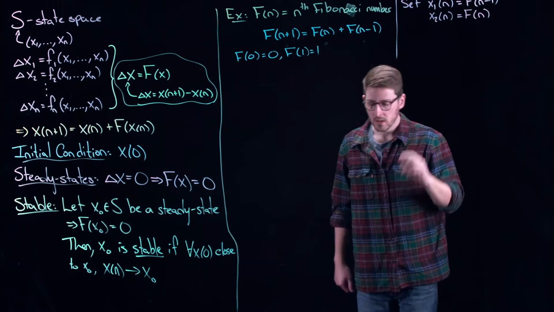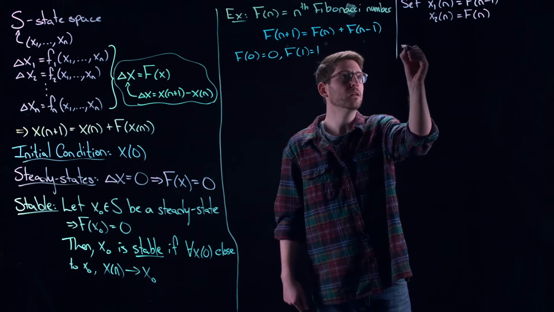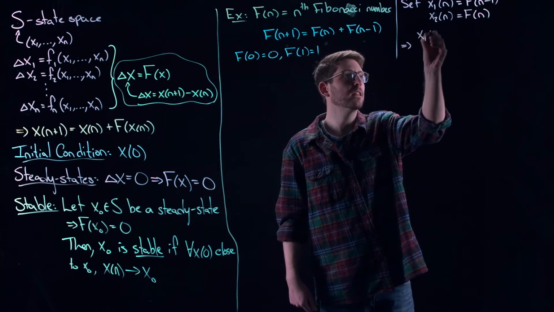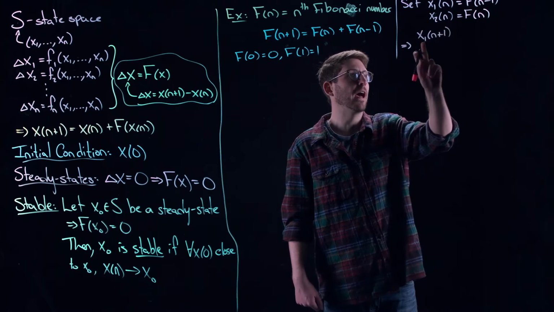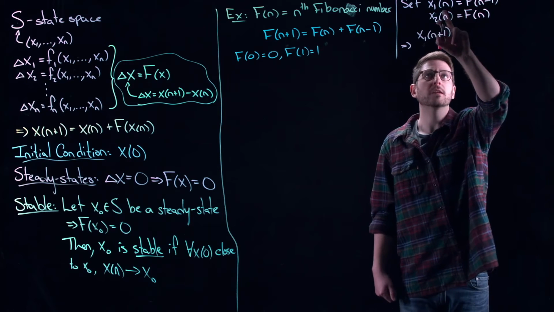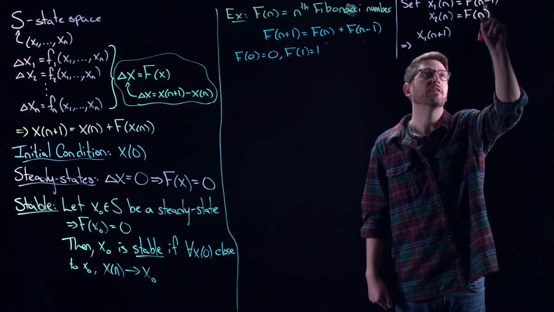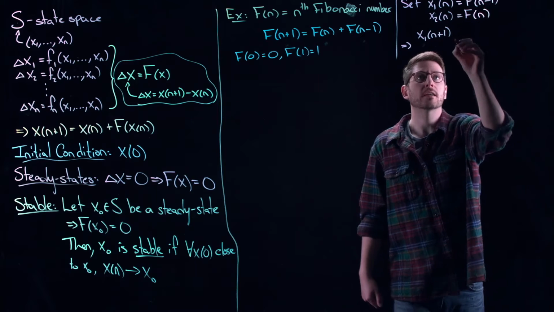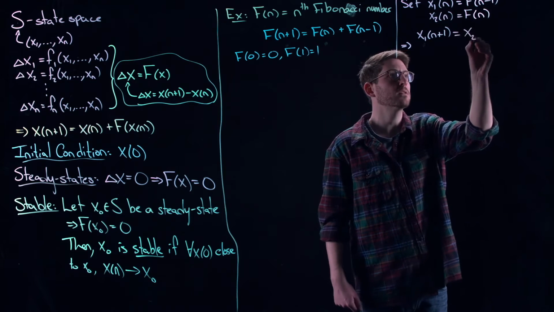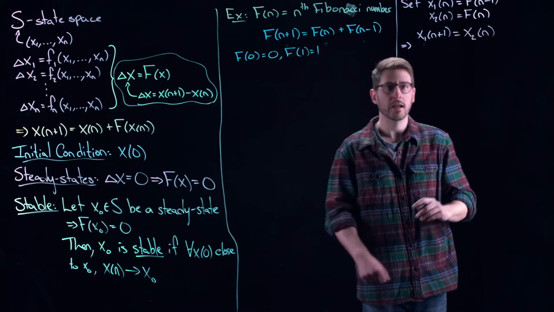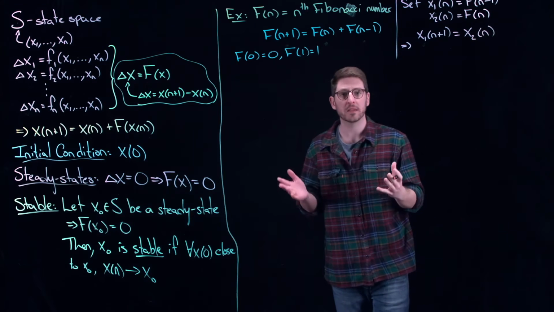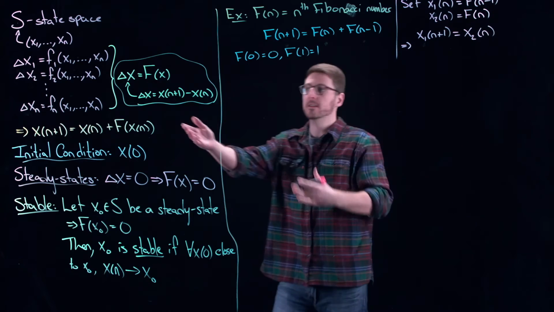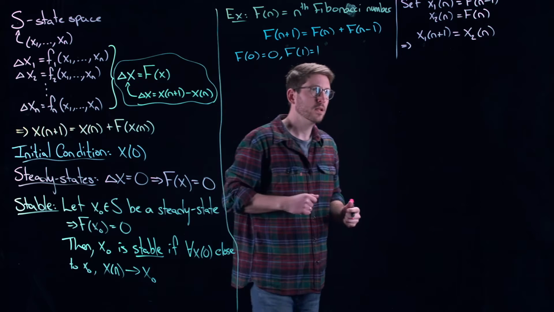So what does this actually mean for me? Well, it tells me that the next x1, if I put n plus 1 in here, I get f of n, which is just x2, right? I want to write everything in terms of x2 and x1. I want to do away with the f's here. I want to write it in this nice system form that I have.